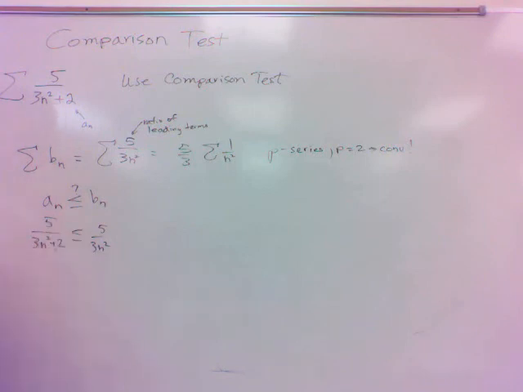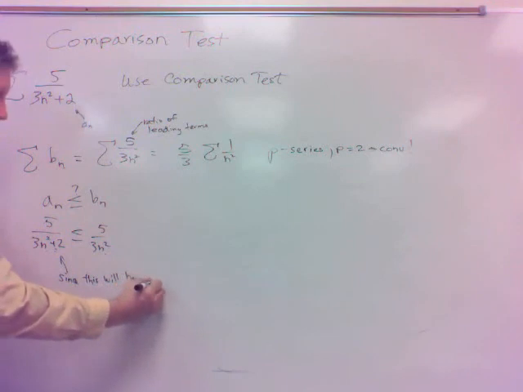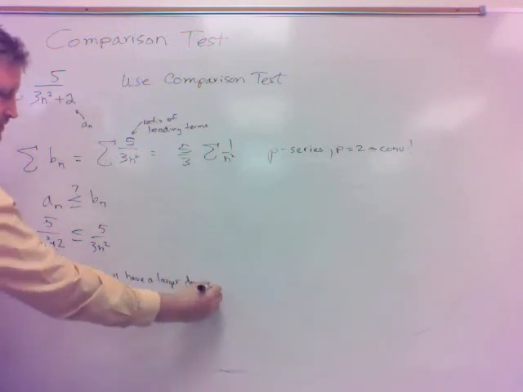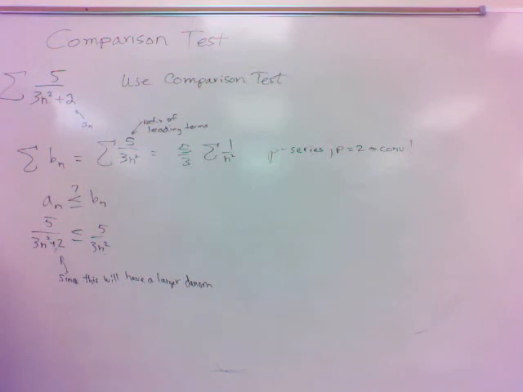Yes, true. 5 over 3n squared plus 2 is less than, 5 over 3n squared, isn't it? Because it has a bigger denominator in each case. Now, what if that had happened to have been 3n squared minus 2?